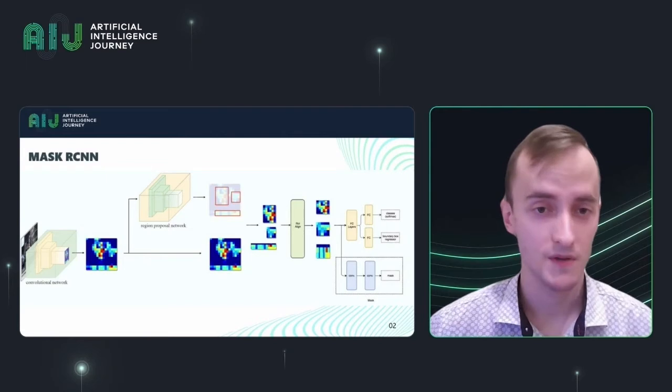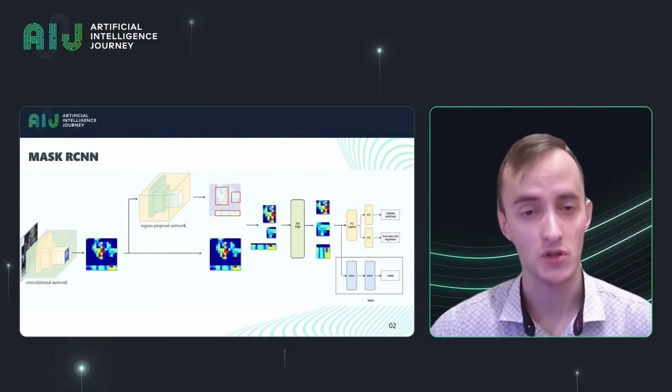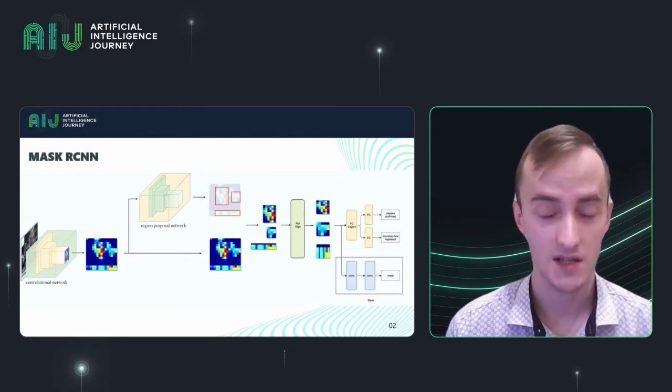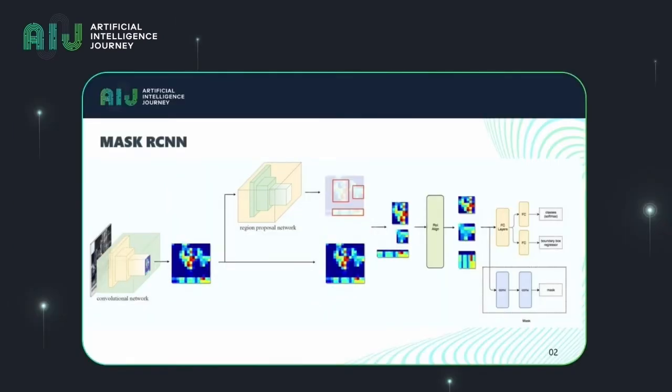Let's consider the approach step by step. Step 1, right after we received the image, is Mask RCNN. Mask RCNN works like this. The picture goes through a series of convolutional neural networks, and at the output you get the feature maps. Based on these features, we identify the regions of interest, and in each slide they're highlighted with red.